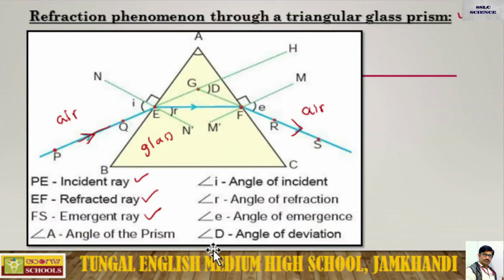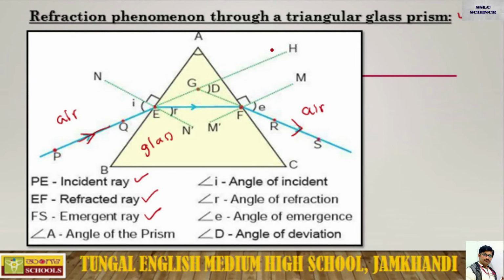So where do you find this angle of deviation in the figure? If you extend the line PQ, the points P and Q to PE, it is overall the incident ray. And if you extend this portion up to G and H, no problem.